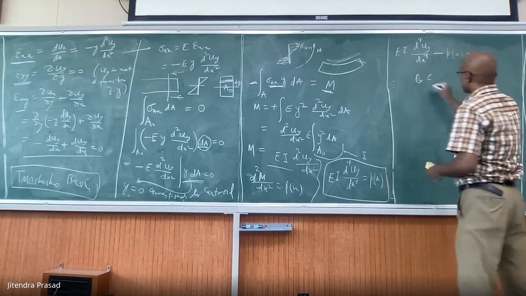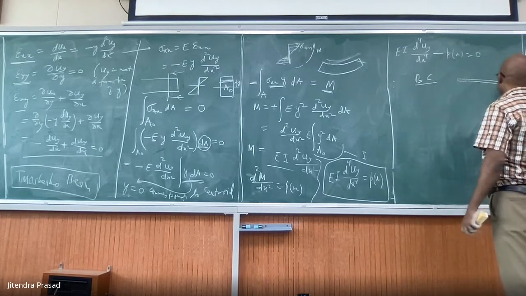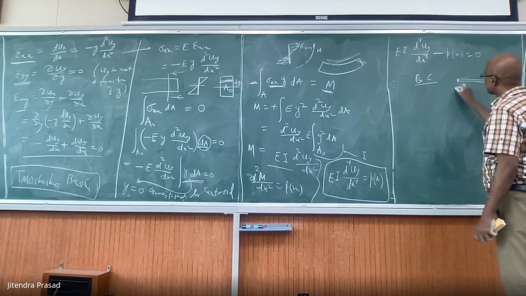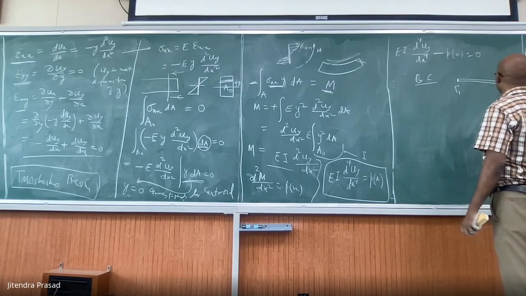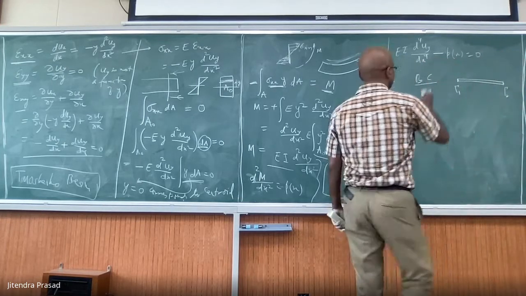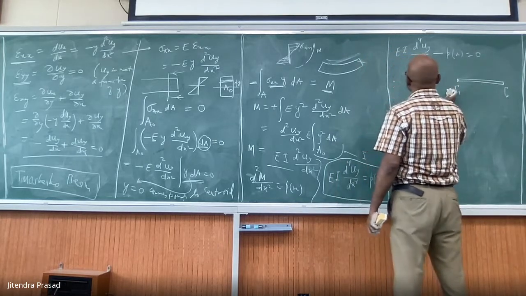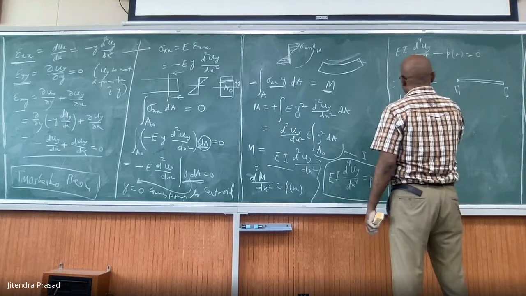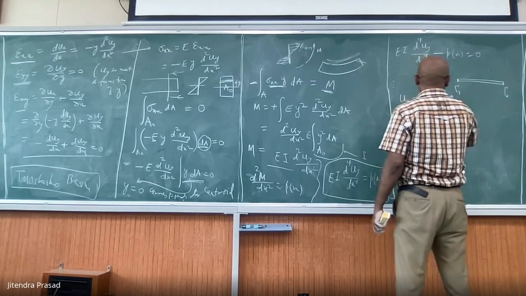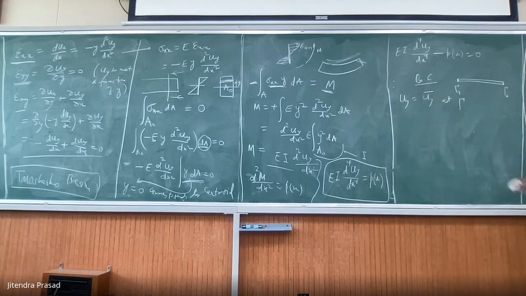There will always be boundary conditions, and for a beam there are only two ends, gamma 1 and gamma 2. At these two ends you have to apply some given conditions. Which things are given? uy equals a given uy at some gamma 1.